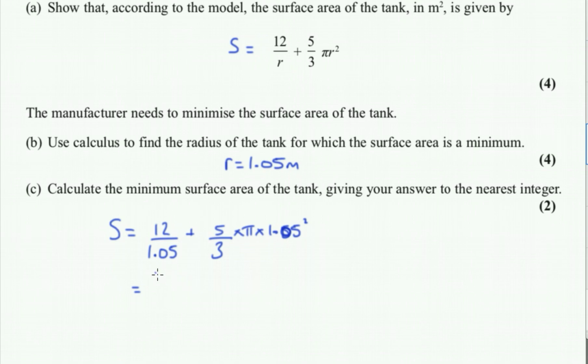And that's coming out at 17.2. So it's to the nearest integer, so 17 metres squared.